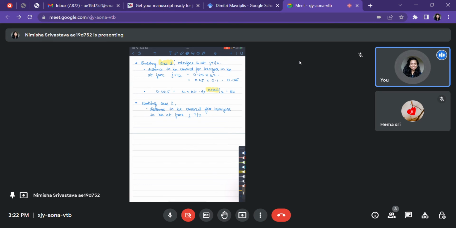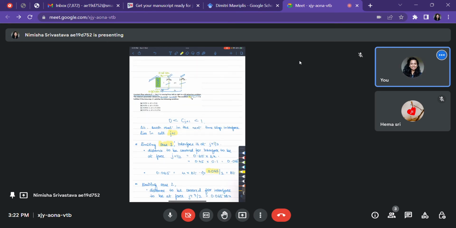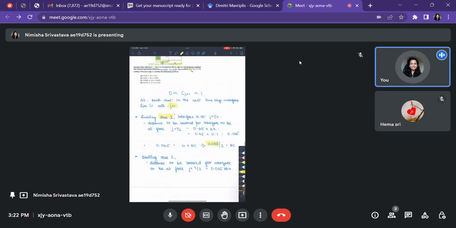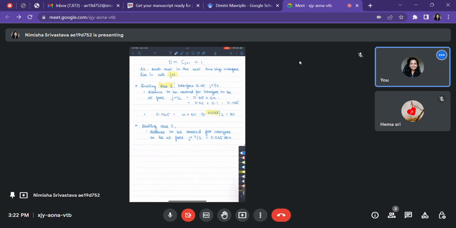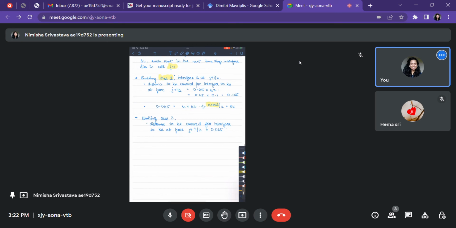Okay, so over here it will be 0.065 into delta x, that is this distance, plus this distance, so plus delta x. Okay, so that would make it 0.65.